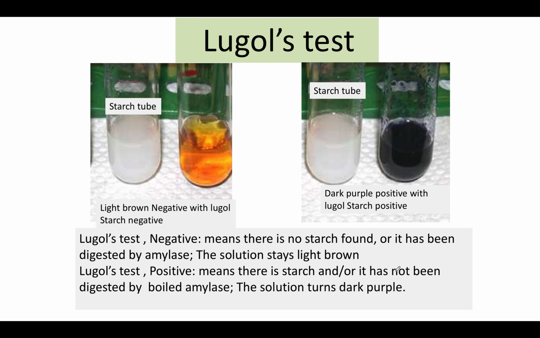These are ideal pictures, with the glucose solution and the starch solution that we use. When you add glucose solution into starch, this is the color change if it's complete detection of starch.